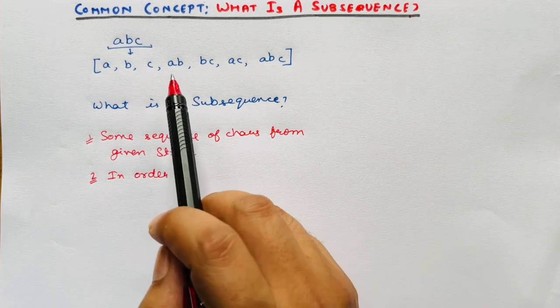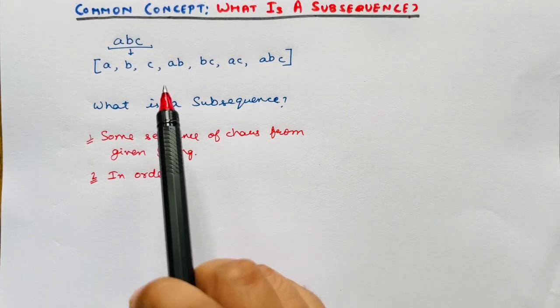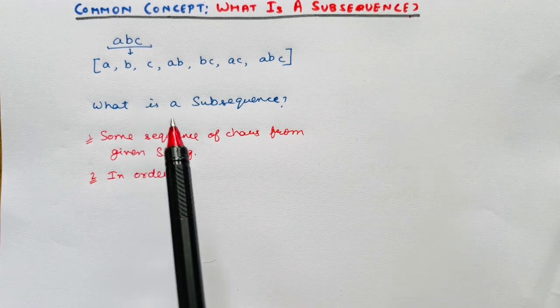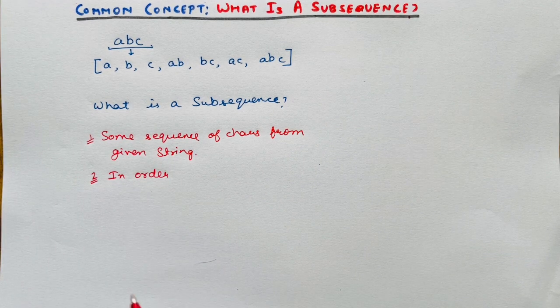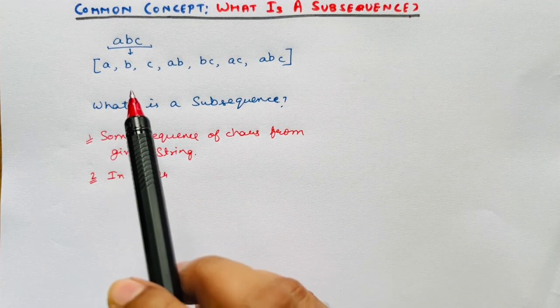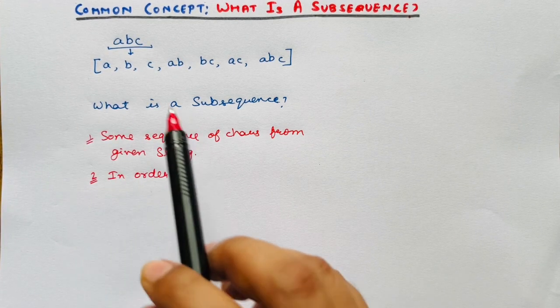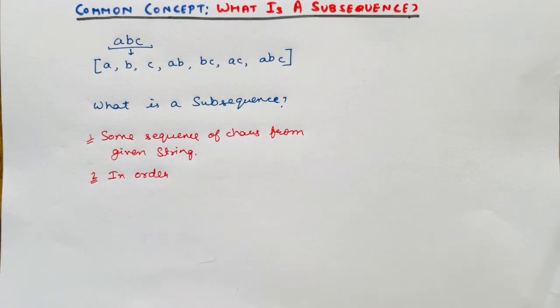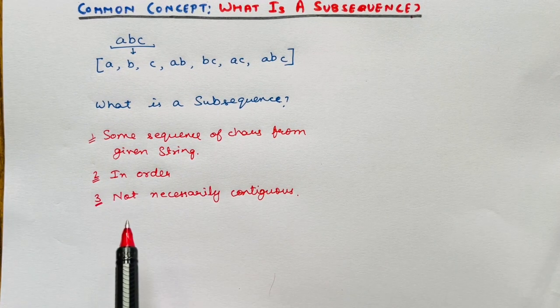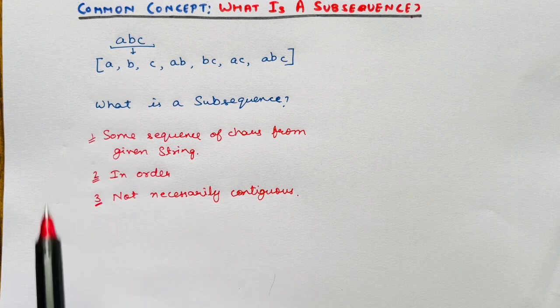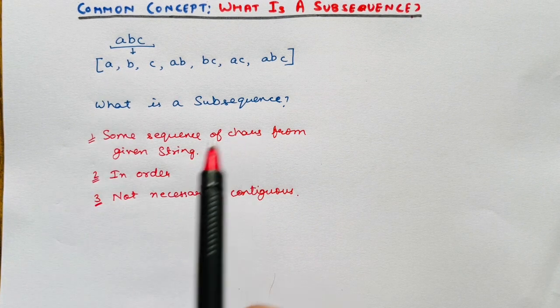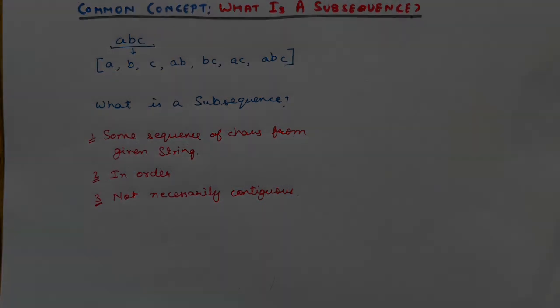Example, AB is a subsequence, but BA is not. The third thing that we can infer is that these characters that we pick may not necessarily be contiguous. For example, AC is also a valid subsequence. These three conditions together applied on a string will give us the definition of a subsequence.